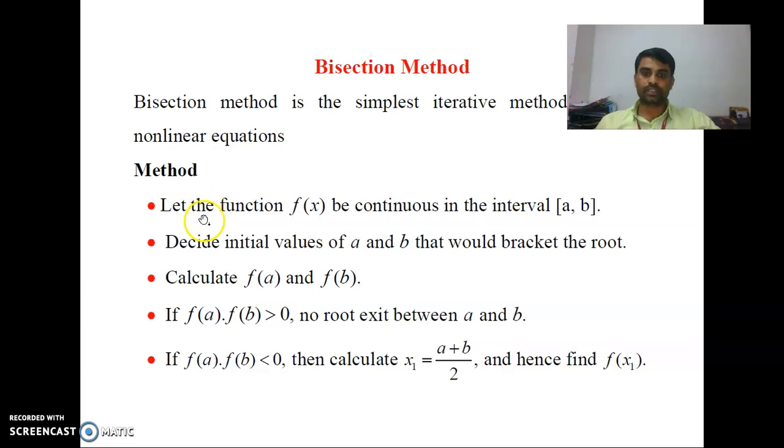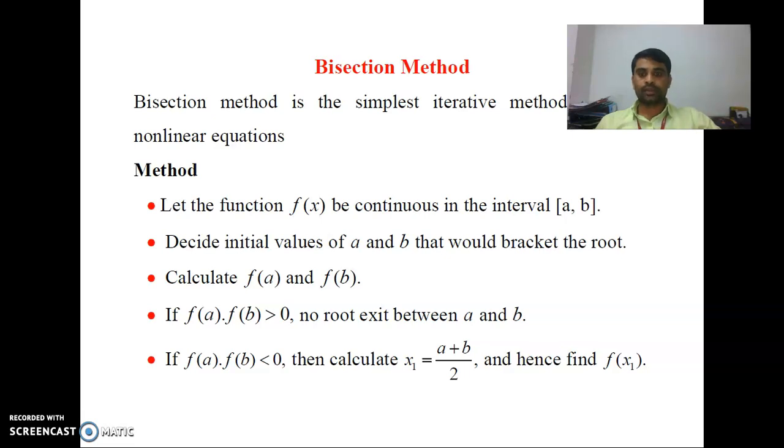Let the function f of x be continuous in the interval a to b. Decide initial values of a and b that would bracket the root. Calculate f of a and f of b. Then multiply f of a and f of b.